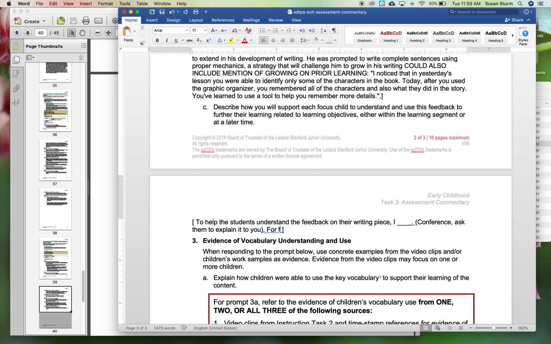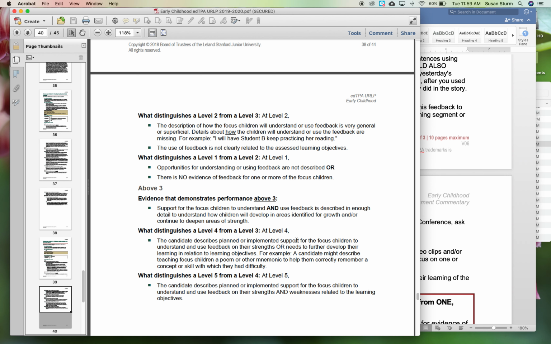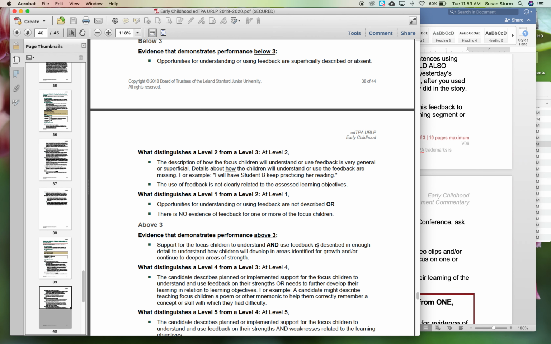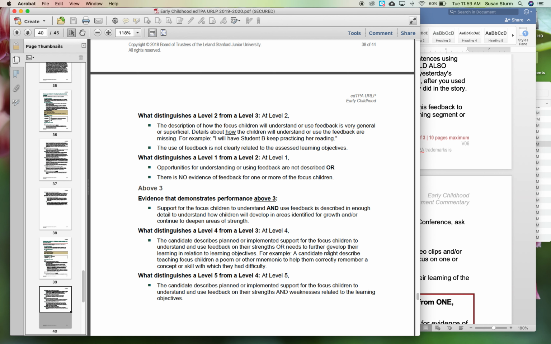And then for focus student 1, here is where you're going to talk about how you built on their strengths and weaknesses to help them use and understand. This is such a ridiculous response. So implemented supports for the focus children to understand and use feedback based on their strengths and needs.